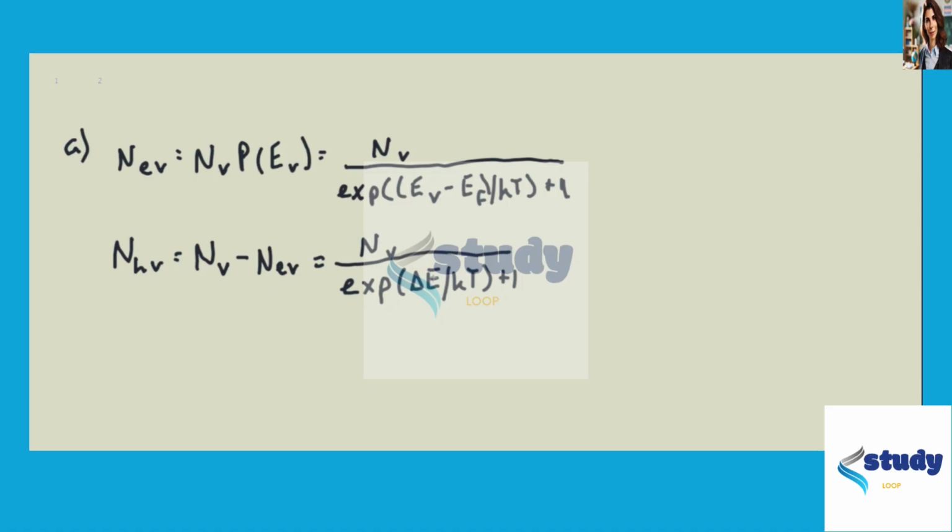And this is one of the things that is supposed to be equal to the other. This is delta EV. So far things are looking good. Now the number of electrons in the conduction band is again equal to the density of states times the occupation probability.